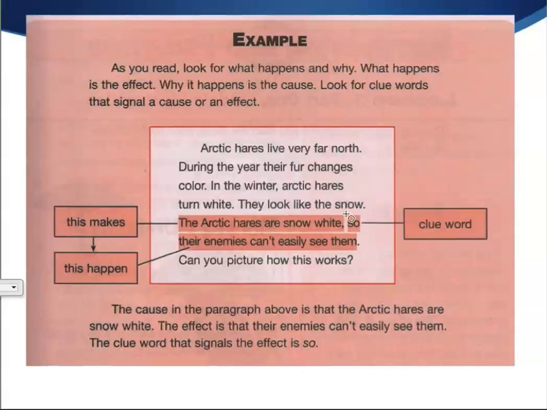So in class, you might know that we circle the clue word. We underline the cause once, and we underline the effect twice. So that clue word would help us figure out that the effect is coming. So is a clue word that signals an effect.